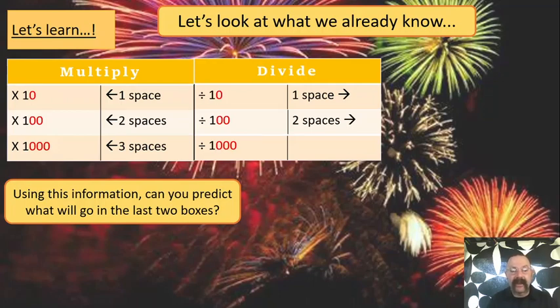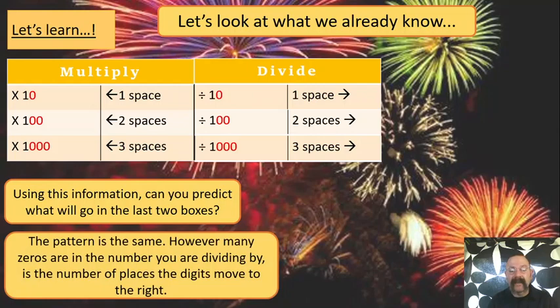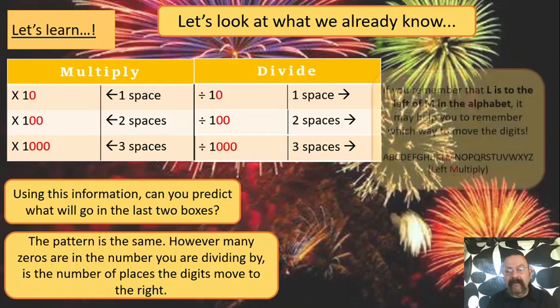If we divide by 1,000, it's 3 spaces to the right. Okay, the pattern is the same. However many zeros are in the number you are dividing by is the number of places the digits move to the right.